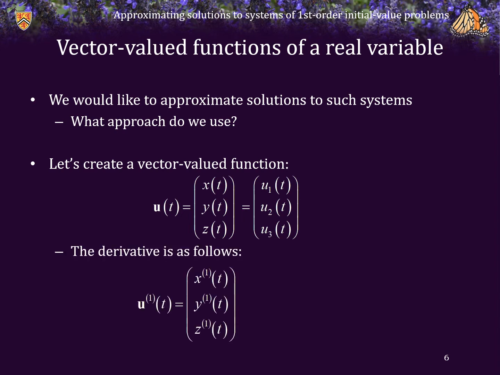Now, the derivative of this vector-valued function is simply that vector-valued function that differentiates each of the 3 entries. So again, using vector notation, we'd have the derivative of u1, the derivative of u2, and the derivative of u3. Okay, so this is more or less the same approach that we would have taken before.